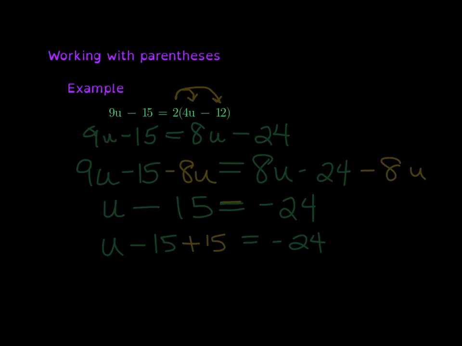And we do that to both sides, so we got to add a 15 to that negative 24. On the left side, these two cancel one another out, leaves us just with the u on the left side. Minus 24 plus 15, that's going to be minus 9.